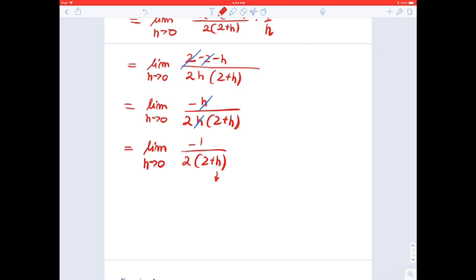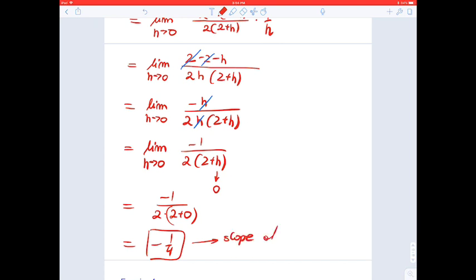I believe now I can try the direct substitution. Negative 1 over 2 times 2, negative 1/4. This is the slope of the tangent line at 2 for the rational function 1 over x.